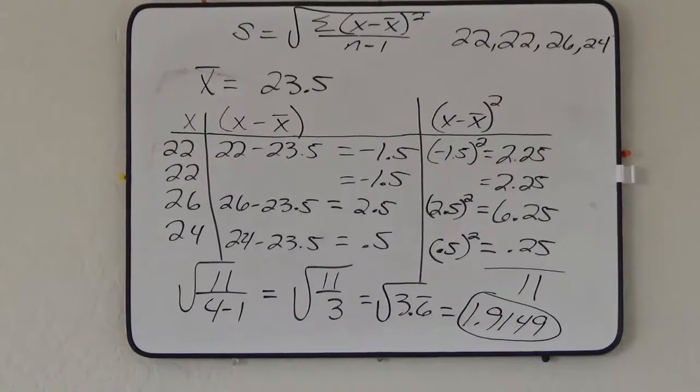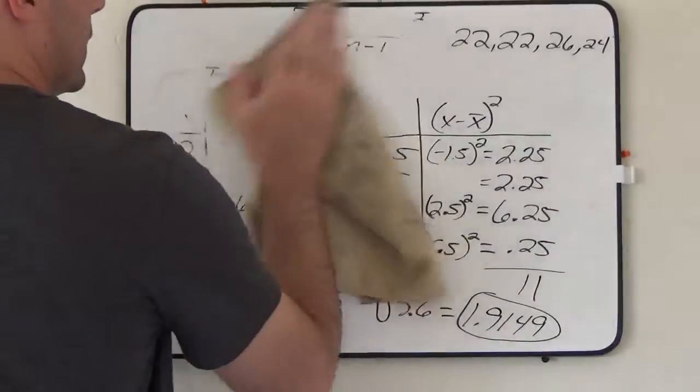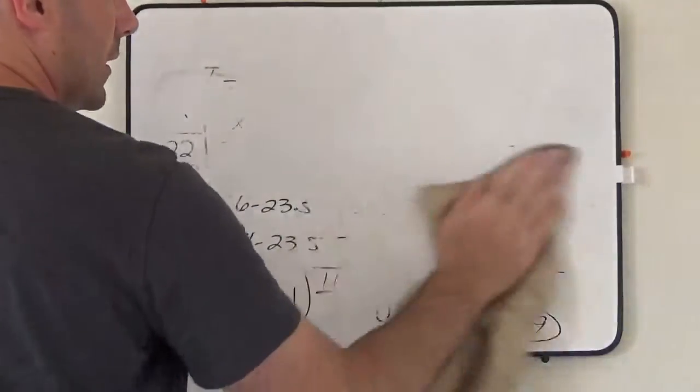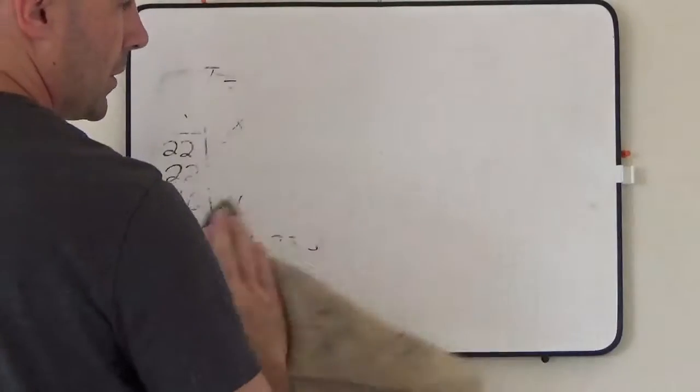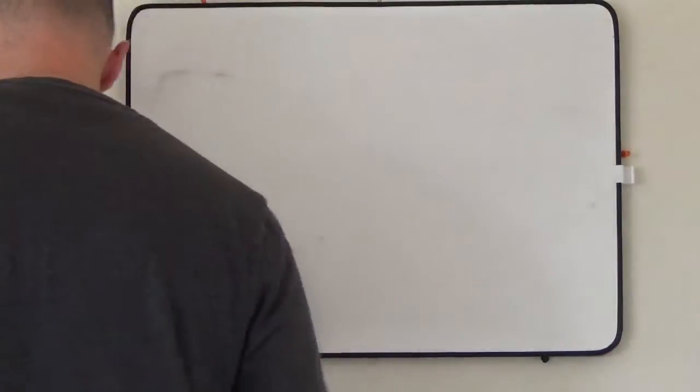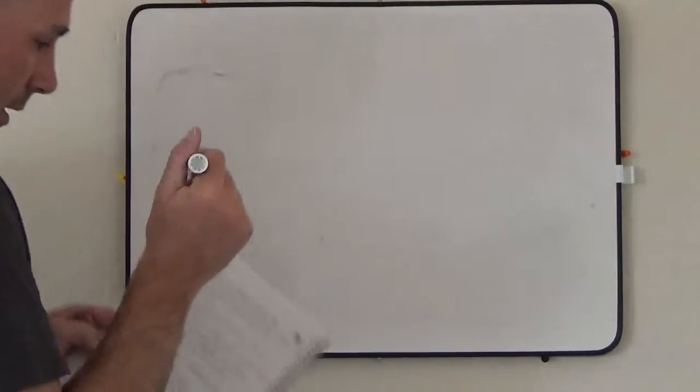Okay, now let me show you another formula for solving standard deviation. This is the formula that your calculators and computers use, and it's just a little bit easier if you can understand it.